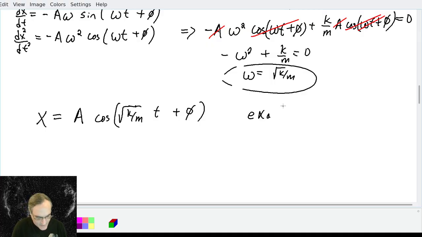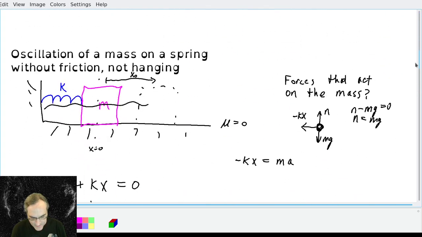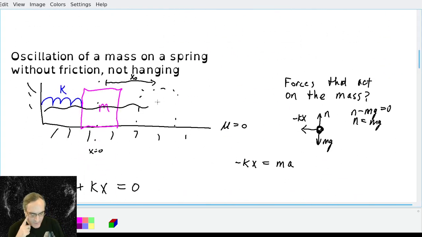The example case I just talked about was x is equal to x naught at t equals 0, release at t equals 0. So come back up here to where I did my drawing, pulled it out to some place, and at t equals 0 I let go.